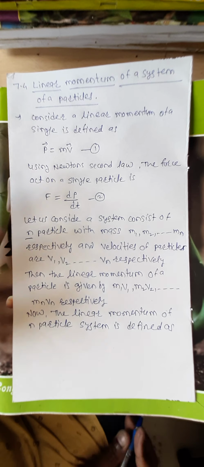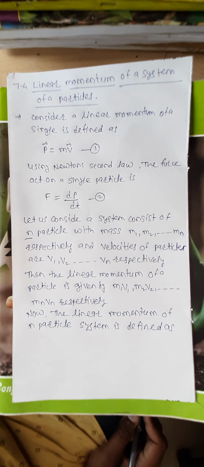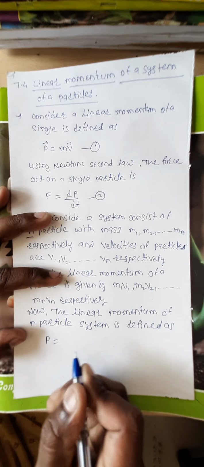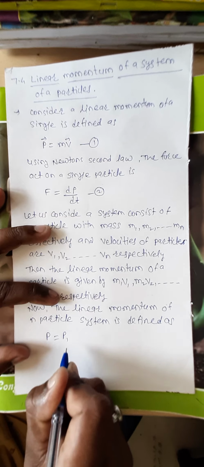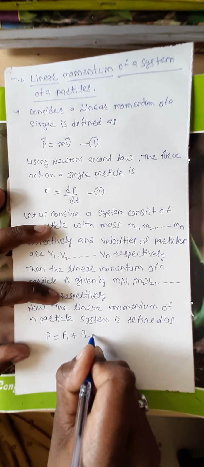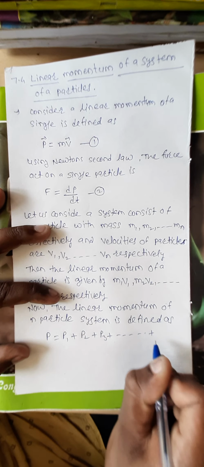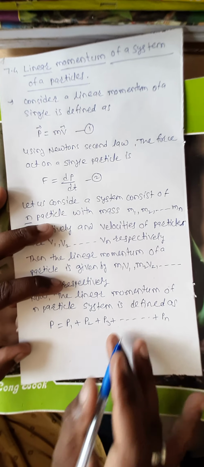Therefore the linear momentum of an n particle system is defined as the total linear momentum p equal to the linear momentum of the first particle plus that of the second particle plus that of the third particle, and so on up to the linear momentum of the nth particle.